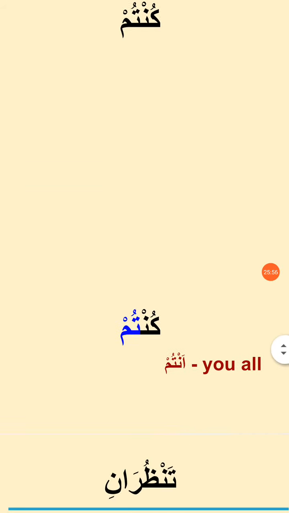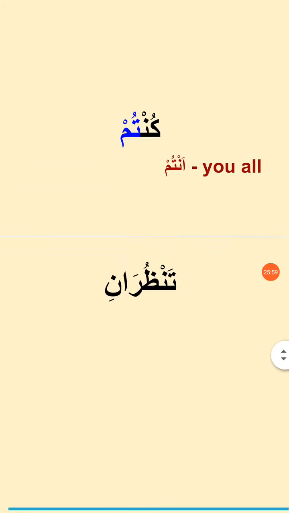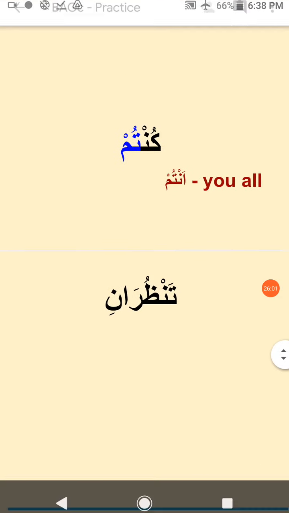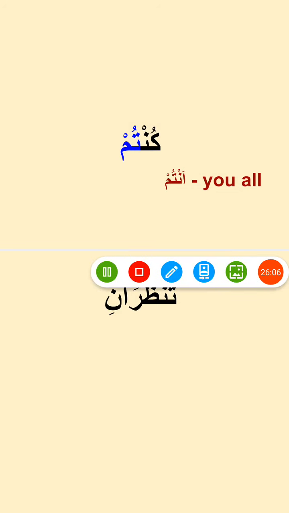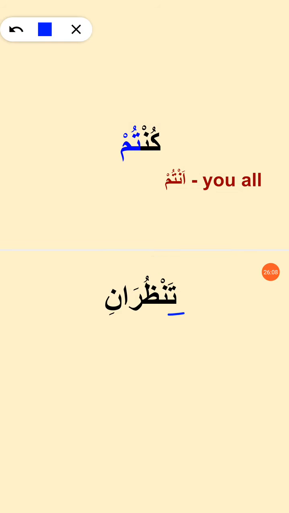Then you have tanzurani. So pause the screen and tell me, what do you make out of it? The first add-on is ta, the second add-on is ani, so this one gives it away. This is musanna, and then you have ta in the beginning, so it's going to be one of three possibilities.